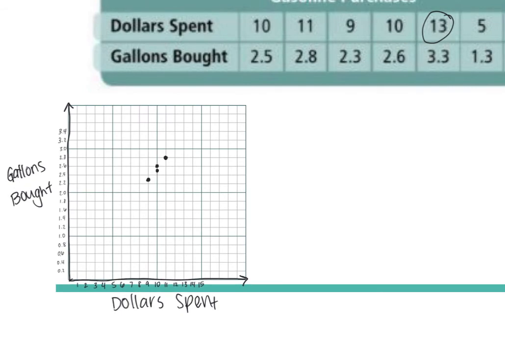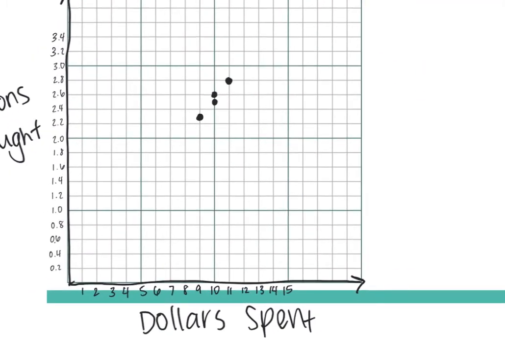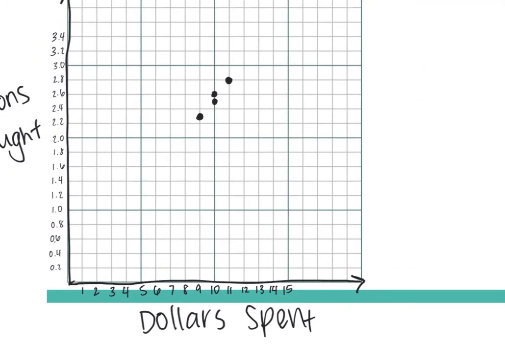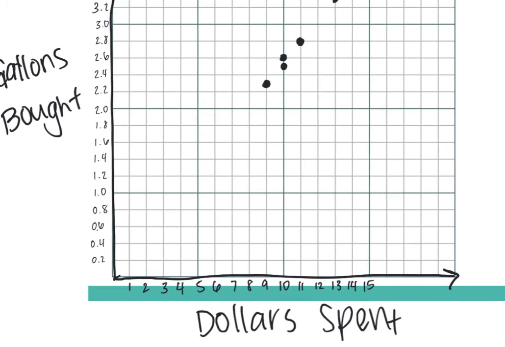We've got 13 and 3.3. We've got 5 and 1.3. So let's go over to 5 and go up to 1.3. That's going to be between 1.2 and 1.4.